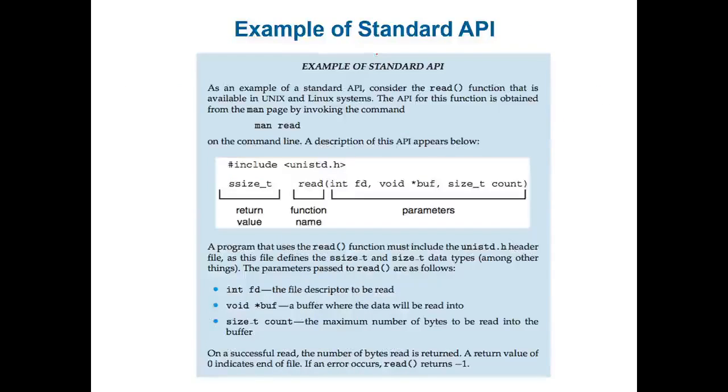So let us understand an example of a standard API. System calls take the help of APIs. APIs are nothing but functions which have a set of code which they recognize and execute.